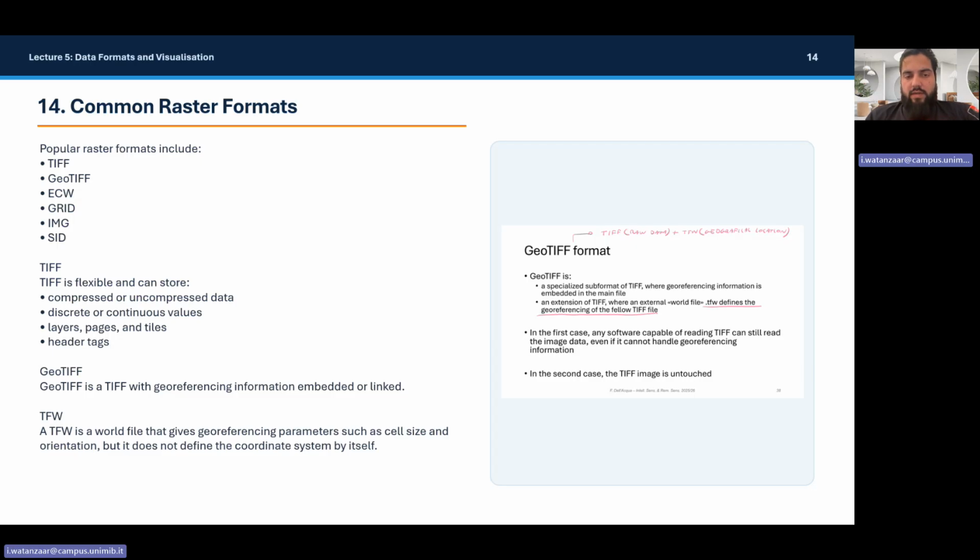This file holds georeferencing parameters such as the cell size, like the pixel size, and the orientation, but it does not define the coordinate system itself. That's the important precaution or warning to note down. The coordinate system is not defined by the TFW format.